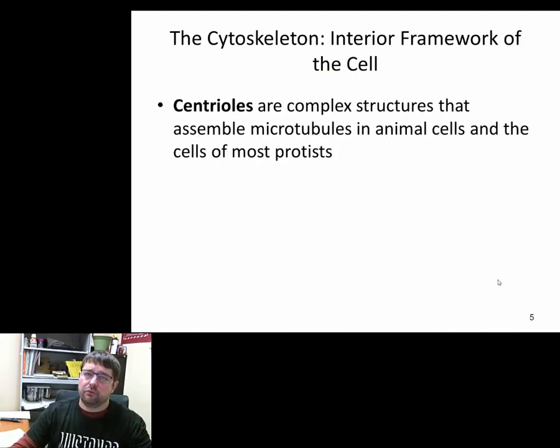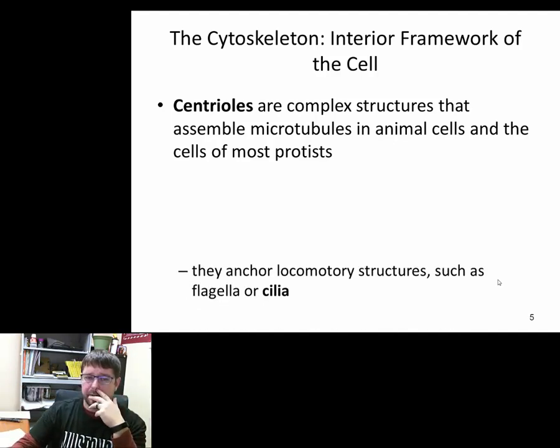Okay. So an important piece of the cytoskeleton when we're talking about animals is the organelles which we call centrioles. Centrioles are the areas at which microtubules will form, and play a really important role in nuclear division.